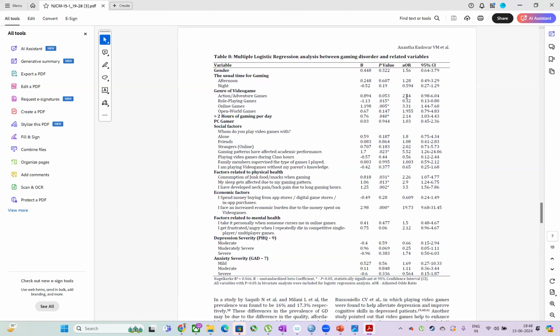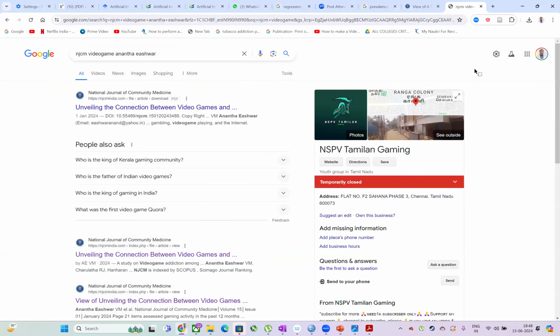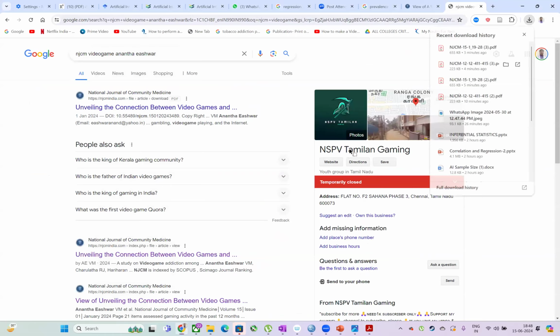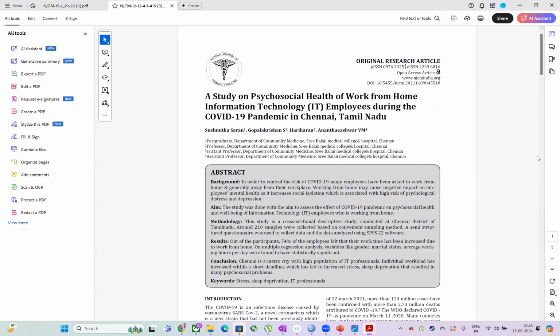If it is greater than 1, you have a positive beta value; if it is less than 1, you have a negative beta value. The same thing is happening over here.